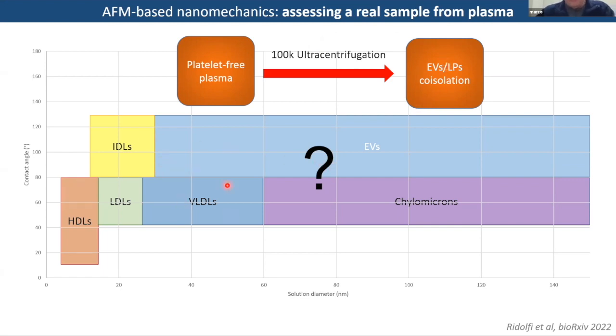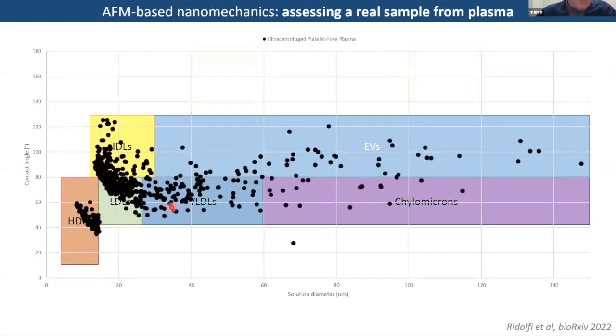And when plotted on this map, we were quite happy to see that almost all the individual particles were assigned to one of the pre-plotted regions we had, okay? You might notice, as I told, that the HDL cluster seems to be truncated, and that's because in a real mixed sample, the smallest ones get lost, basically. But at least you can see that they are here.